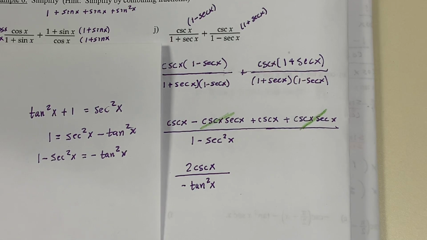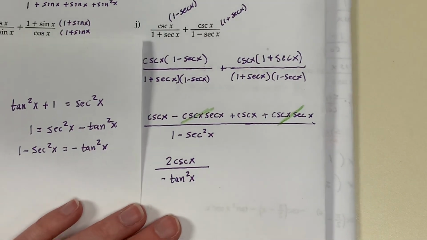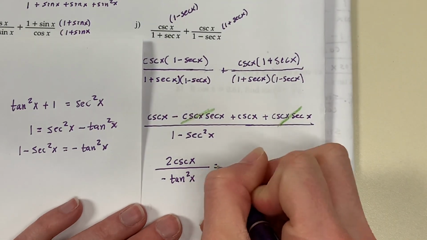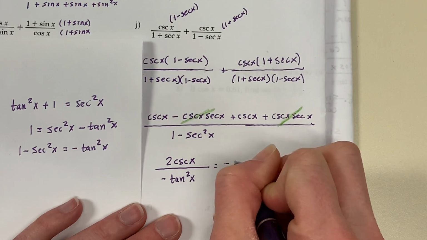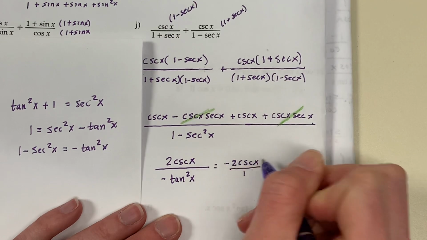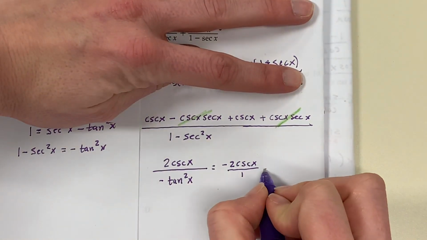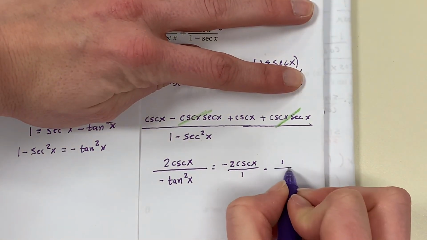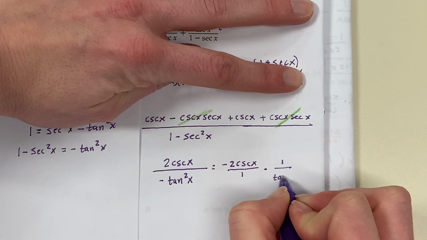Now, just as I did in the previous two problems, I'm going to separate my fraction so that I have negative 2 cosecant x all over 1 times 1 divided by tangent squared x.